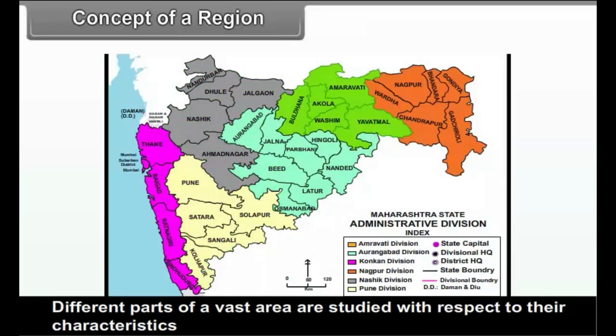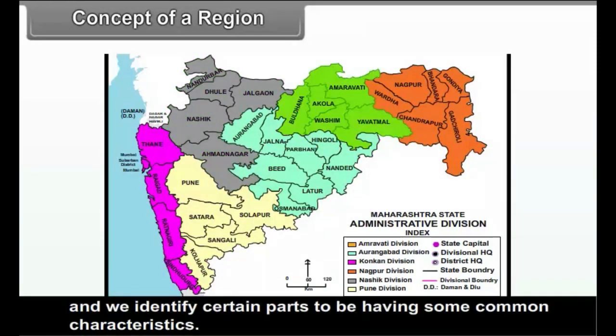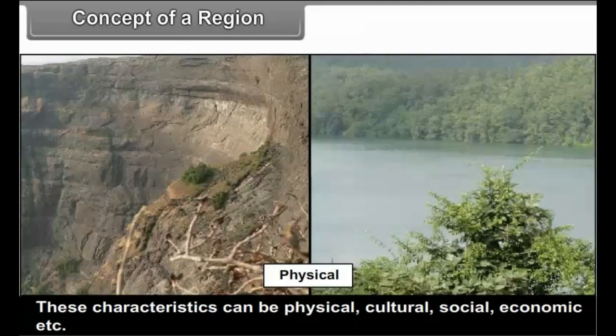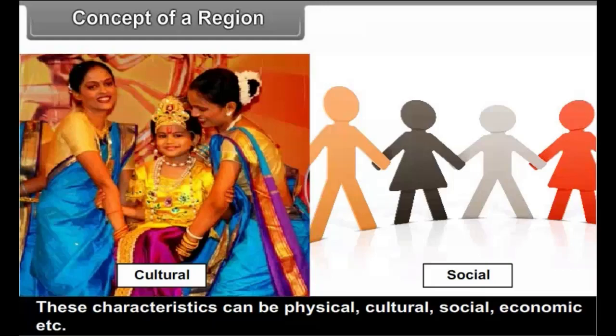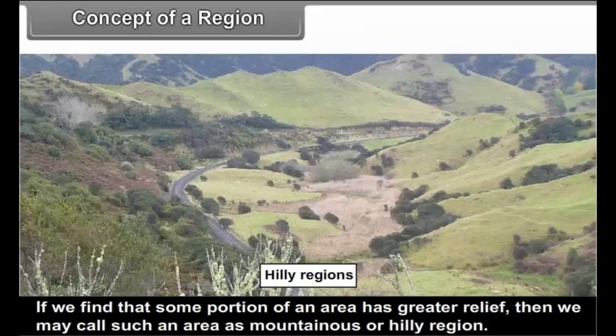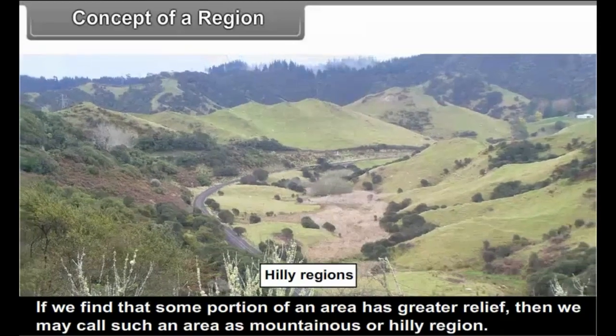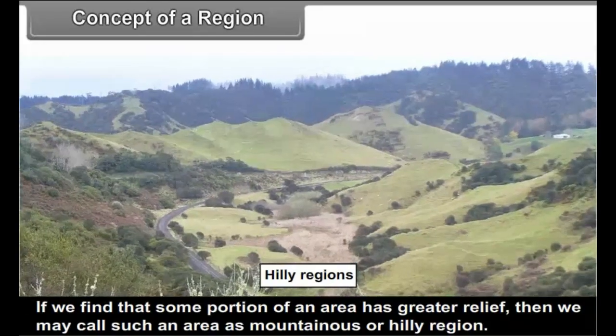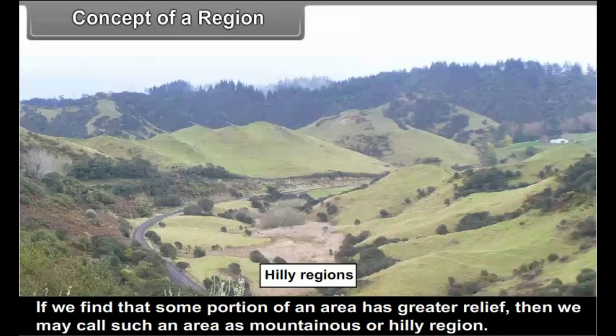Different parts of a vast area are studied with respect to their characteristics, and we identify certain parts to be having some common characteristics. Such parts having common characteristics are then called regions. These characteristics can be physical, cultural, social, economic, etc. If we find that some portion of an area has greater relief, then we may call such an area a mountainous or hilly region.